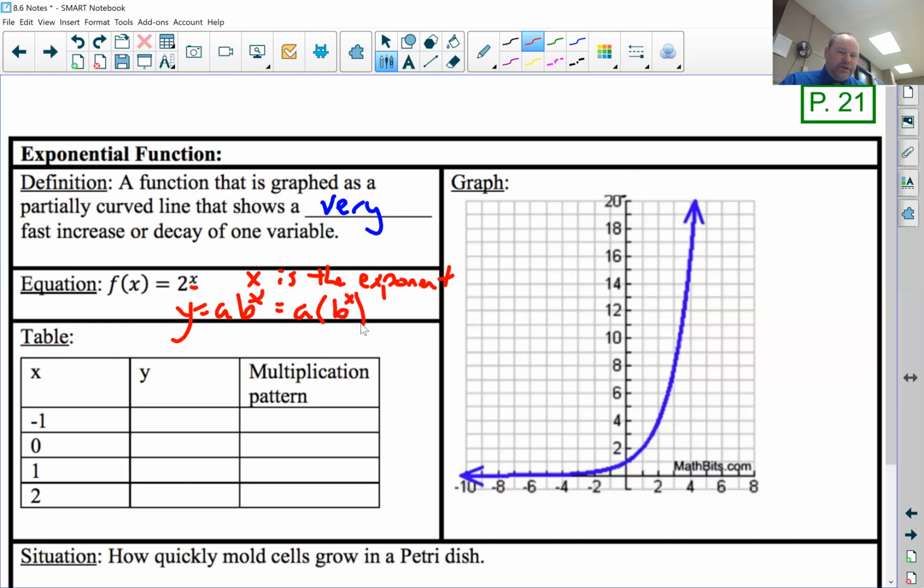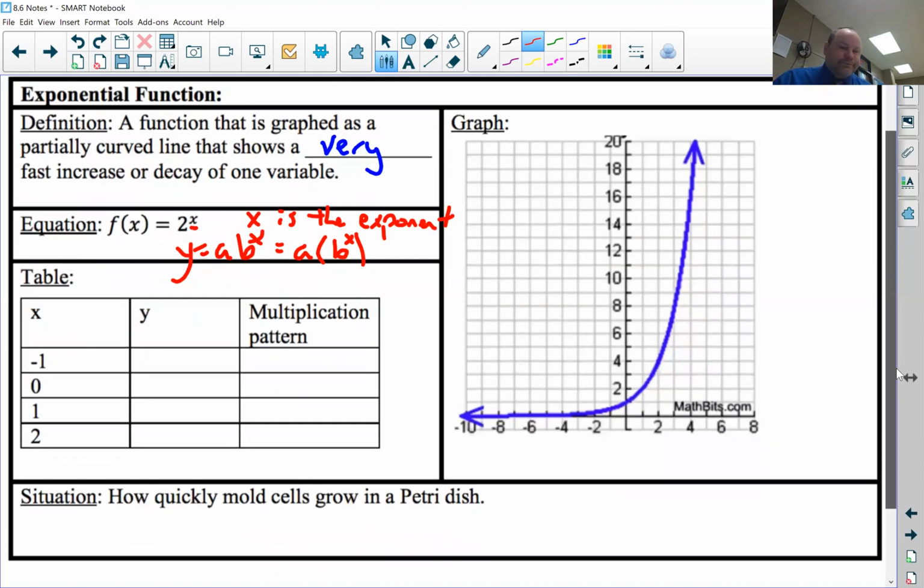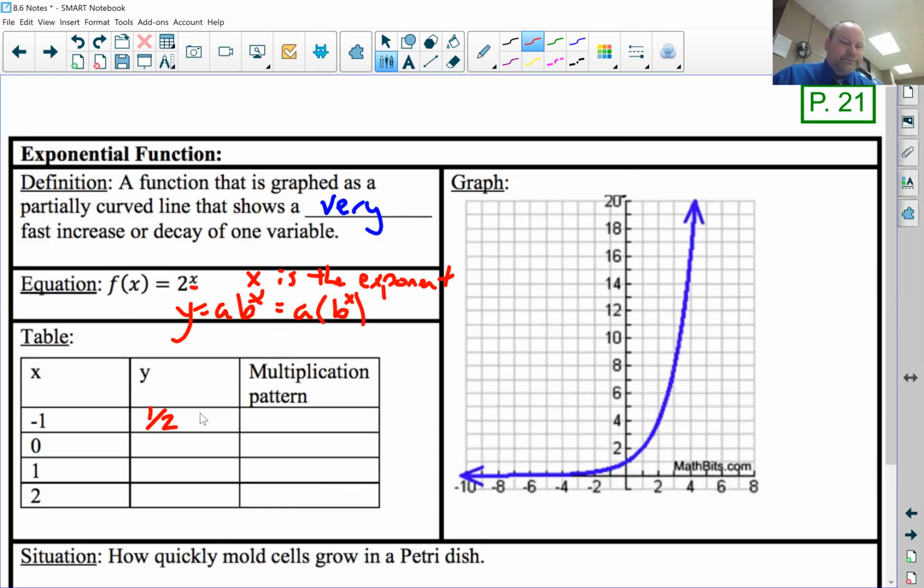I like the parentheses because that reminds me that the b is the only thing to the power of x. So a table of values, in this case, if we plug in -1, 2 to the -1 is 1/2. 2 to the power of 0 is 1. 2 to the power of 1 is 2. 2 to the power of 2 is 4.